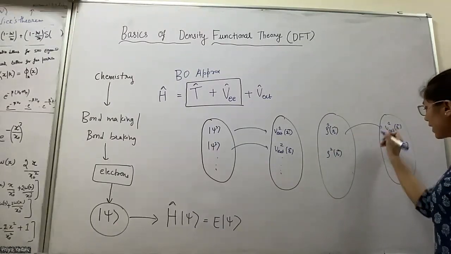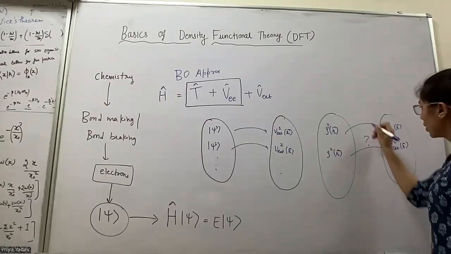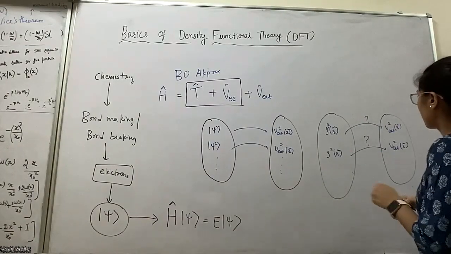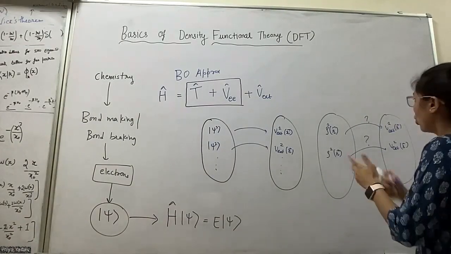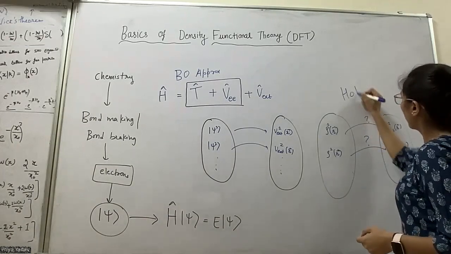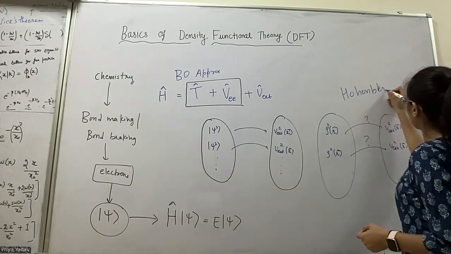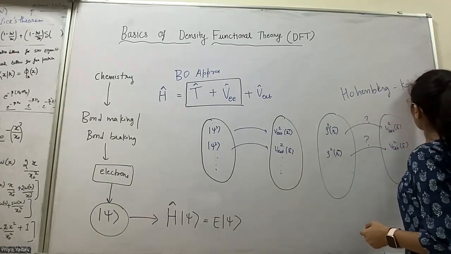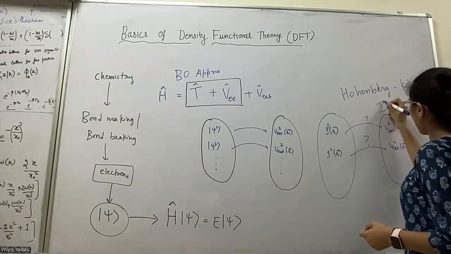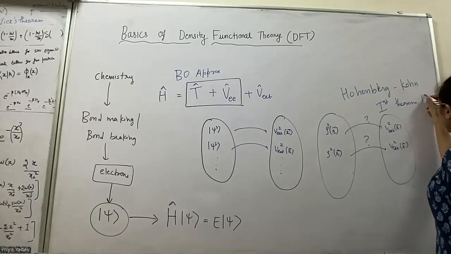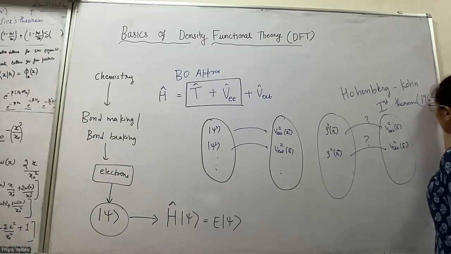So does this kind of mapping exist or not? The answer is yes, it does, and it was given by the first Hohenberg and Kohn theorem, in 1964.